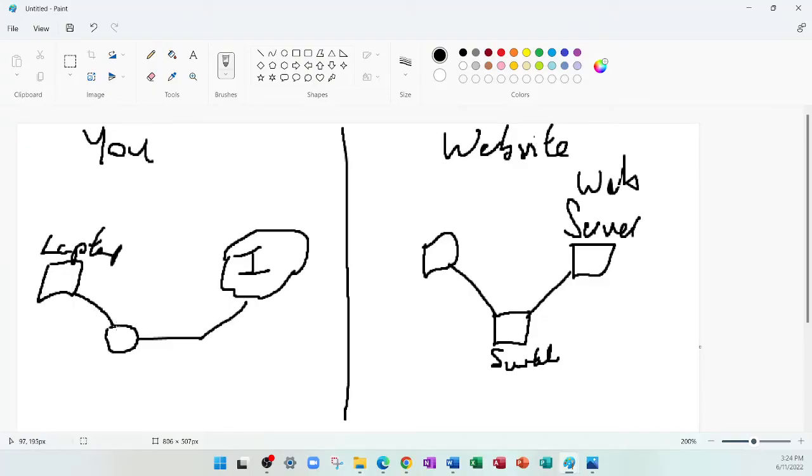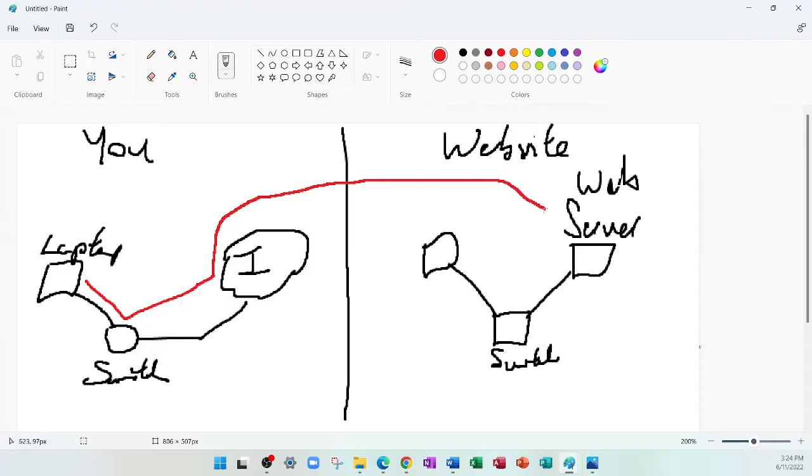So when you type in that website now, what happens is that that address, that request is sent to your switch, then sent to the router, to the modem, then sent to the ISP, and the ISP now is going to try to find that web server that is connected to the internet.